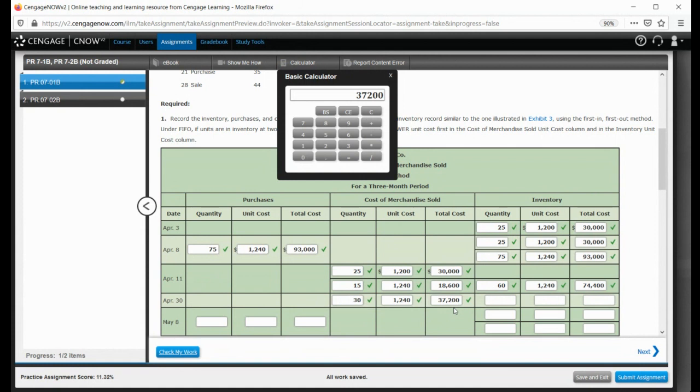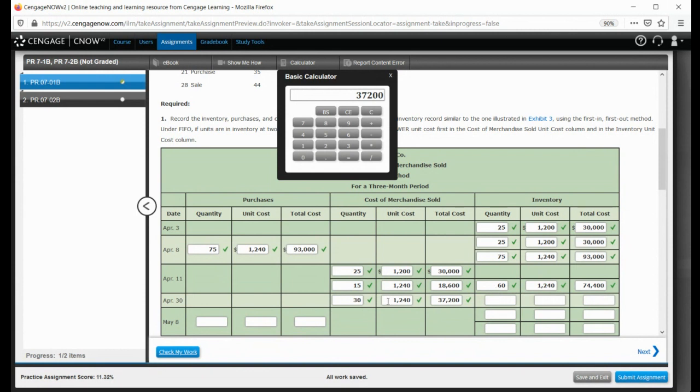So you'll remember in your journal, we debit the cost of merchandise sold for $37,200, and we would credit our merchandise inventory of $37,200. What we have remaining in our inventory is the difference between our units sold and what we had left over from the last date, which was April the 11th.